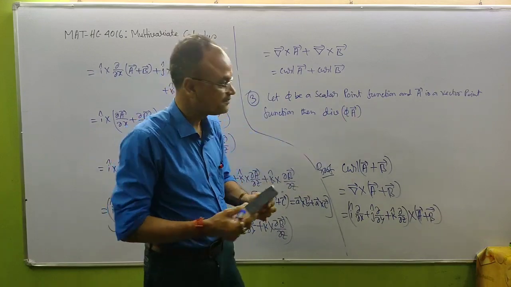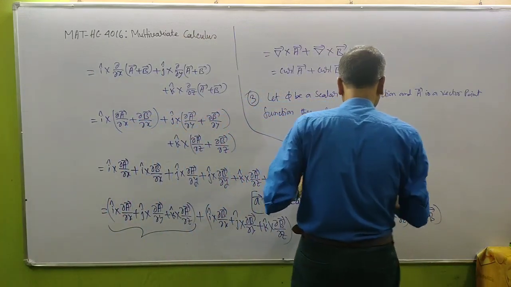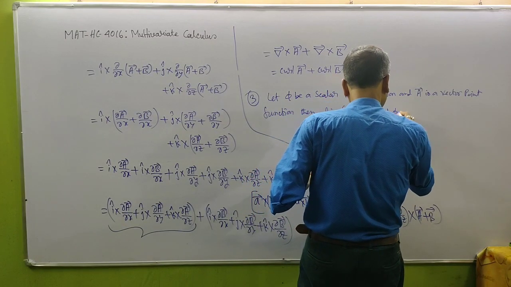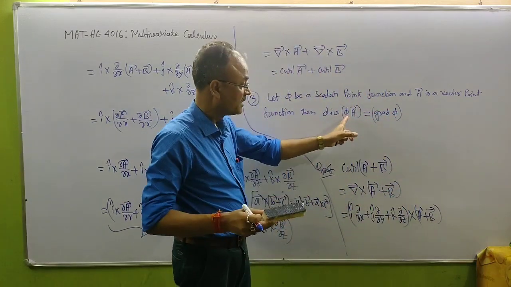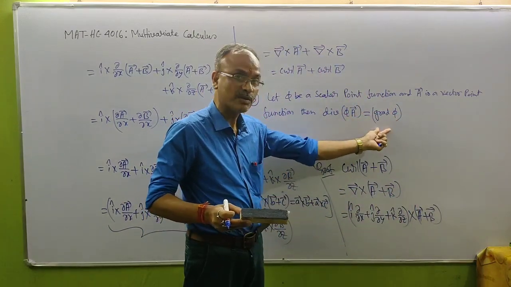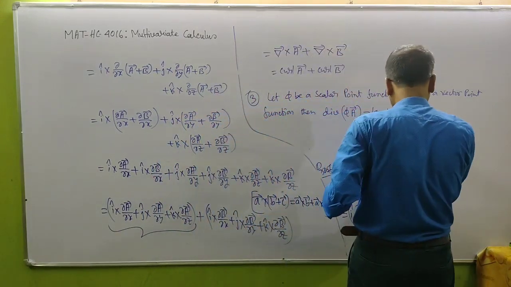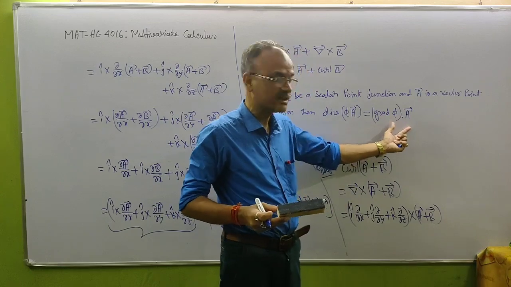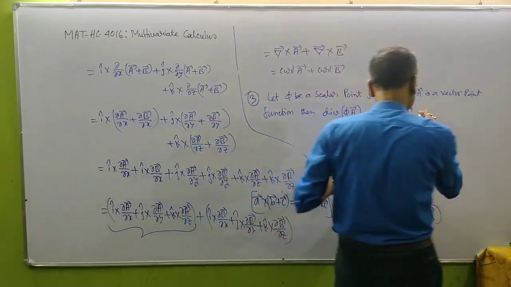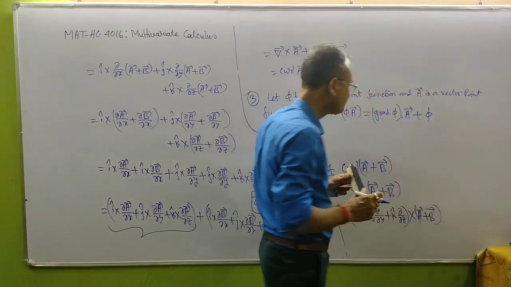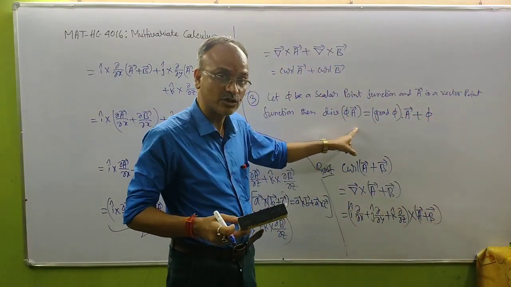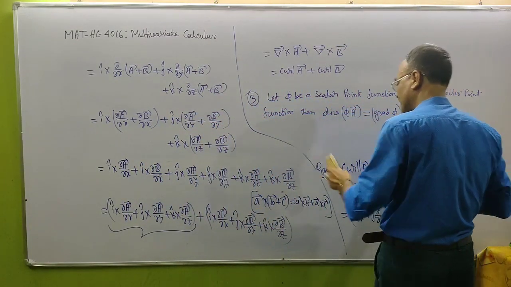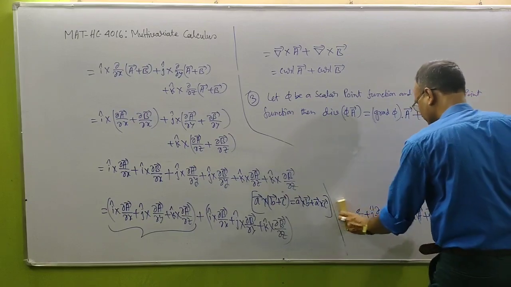Divergence of phi A vector will be gradient of phi, a vector function, dot A vector, and the dot product of two vector quantities is a scalar quantity. Ultimately you get a scalar quantity, plus phi times divergence of A vector, which is also a scalar quantity. The result will be this.